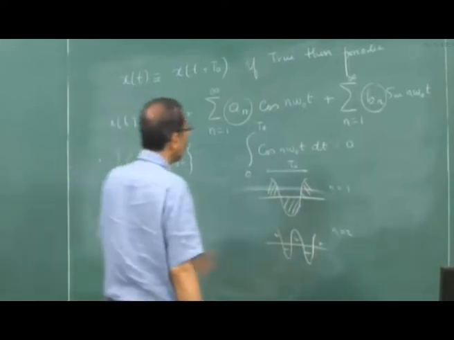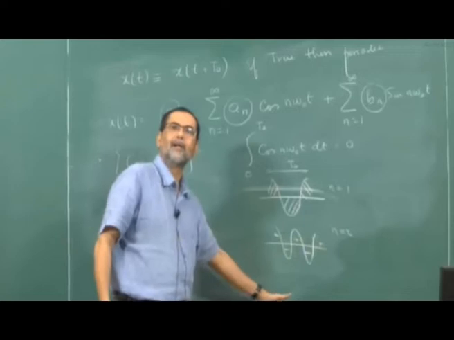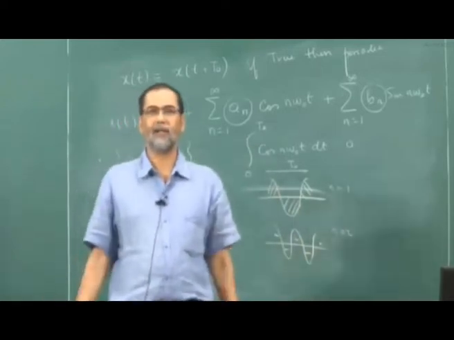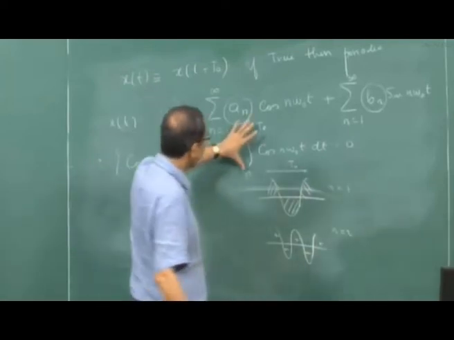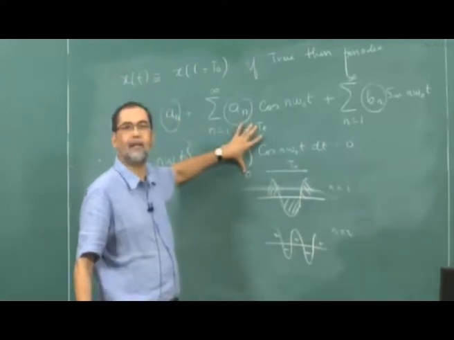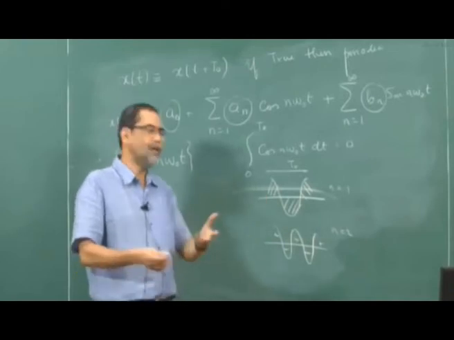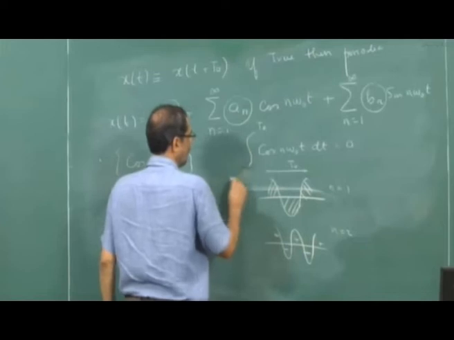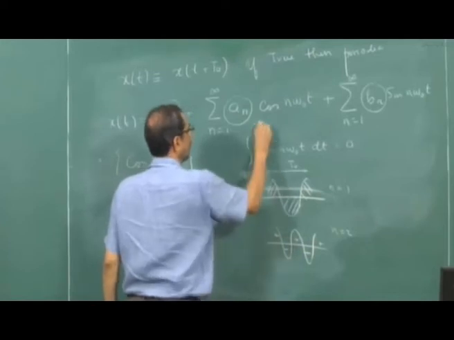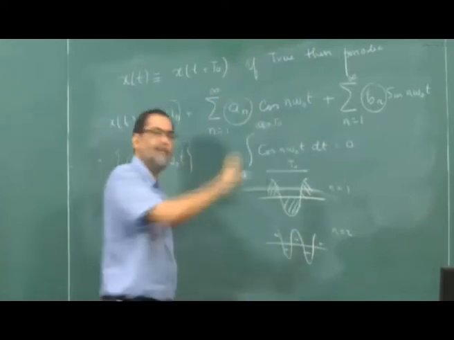Similarly, you can go on looking at it for all values of n, 3, 4, 5, area under the curve will be equal to 0 as long as we integrate over one period. What is also interesting is you can start at any point, start at a and go to a plus t naught, a can be any value.